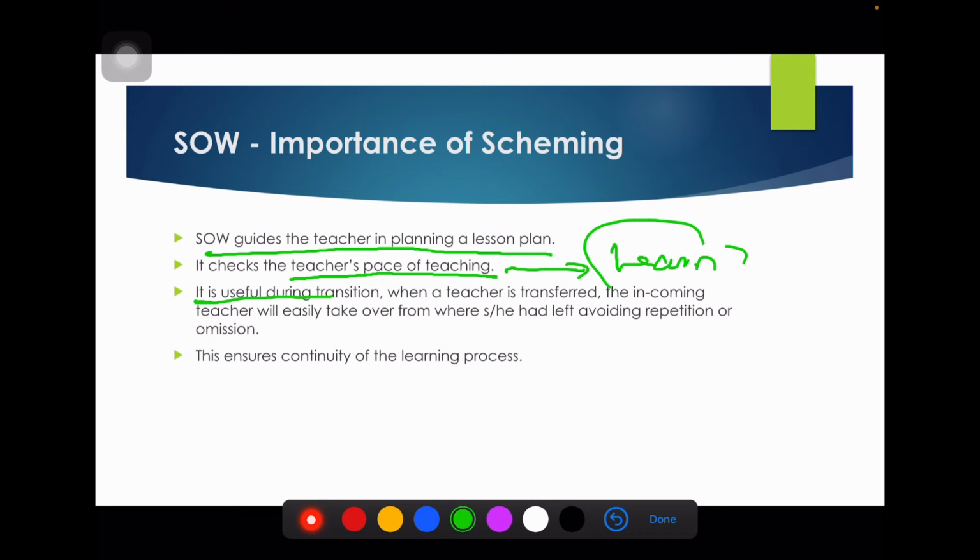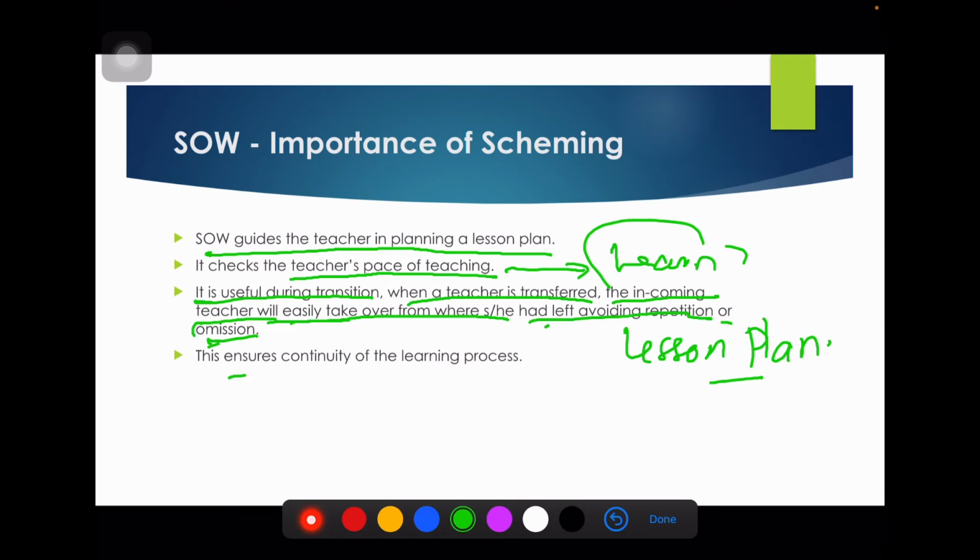Now, it is useful during transition when a teacher is transferred. The incoming teacher will easily take over from where he or she had left, avoiding repetition or omission. So your lesson plan is very important. Okay, now this ensures continuity of the learning process.